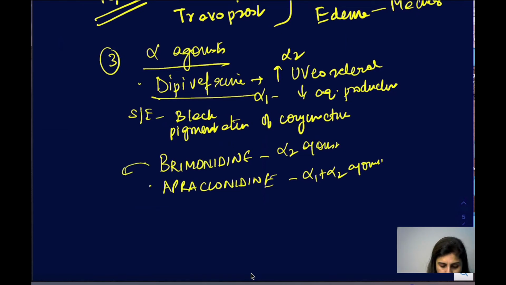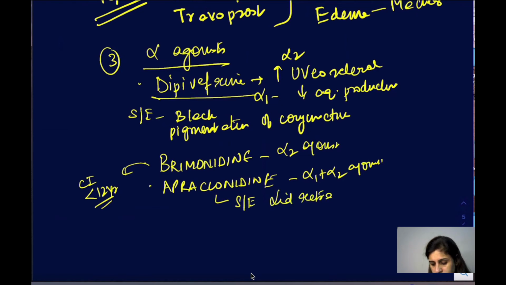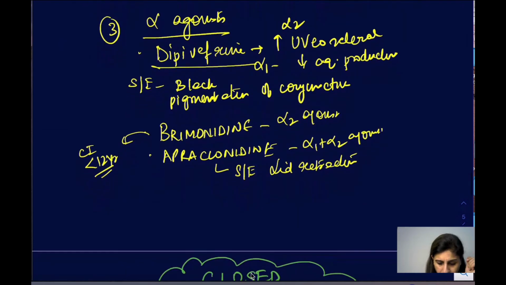Brimonidine is not used in children less than 12 years. It has led to depression and other side effects, so it is not used in children less than 12 years. And the major side effect of apraclonidine is lid retraction.